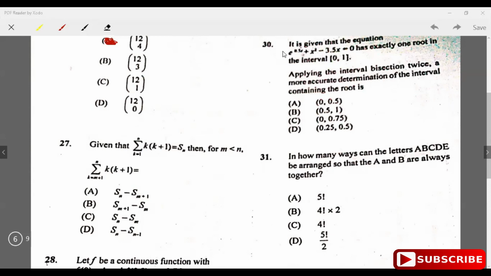Okay. So I have to get some more space. So they tell us that the sum from 1 to n is Sn. Sn is the sum from 1 to n of k times k plus 1. Now the next thing that they told us is Sm.